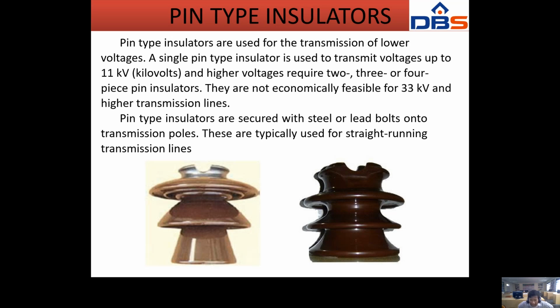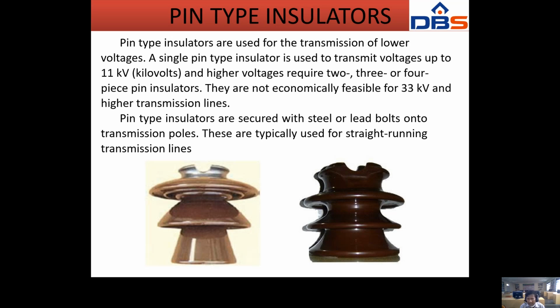As said earlier, pin type insulators are used in transmission systems for lower voltages. A single pin type insulator is used to transmit voltage up to 11 kV, and higher voltages require 2, 3 or 4 pieces of pin insulators. So below 11 kV, a single pin insulator is enough. For more than 11 kV, up to 33 kV, we may utilize 2, 3 or 4 pin insulators.